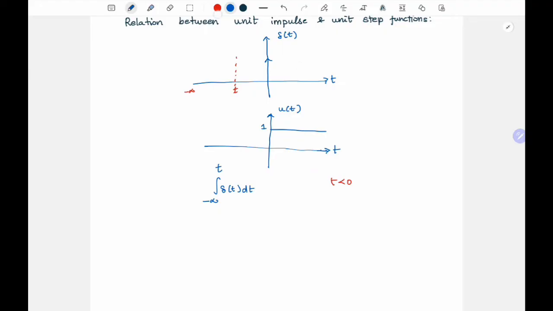It is 0, correct? So it is going to be 0. Okay, for t greater than 0, what do you have? So now this part itself is coming into the picture. So the area is obviously going to be 1, correct? But this is actually the definition of the unit step function.